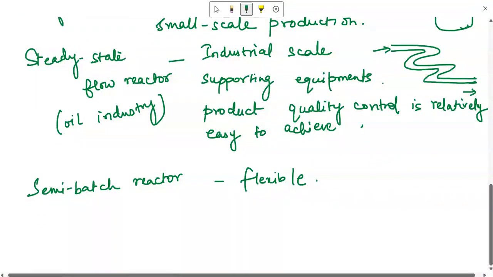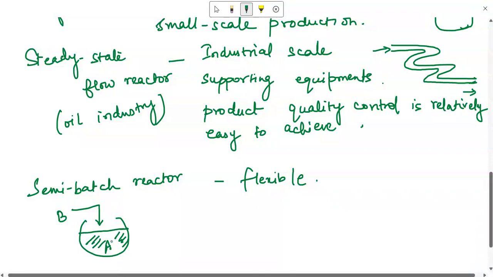But for a semi batch reactor, you have a reaction volume. Let me draw a circular reactor. So you have a reaction volume, but you are also adding one of the reactants later. Okay, so here we have reactant A, here we have reactant B, and the volume and composition changes within this system when you are adding the other reactant. So this is a semi batch reactor.